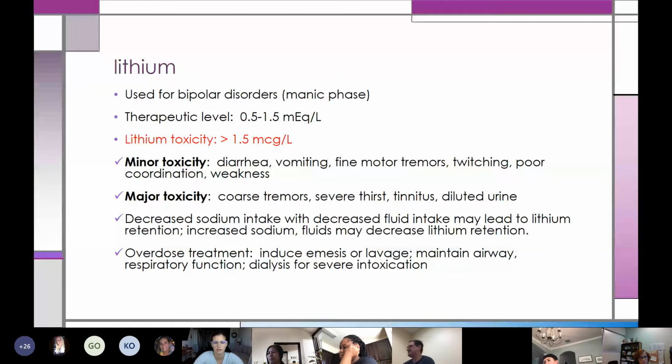Side effects are extrapyramidal side effects, and I've given you a bunch of things here to take a look at as well. You can read those. Dystonia, tardive dyskinesia, etc. So we want to be careful about removing this abruptly. Haldol is a good drug, but it does have some issues.